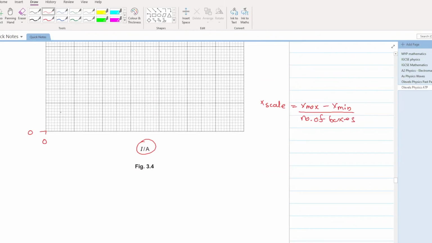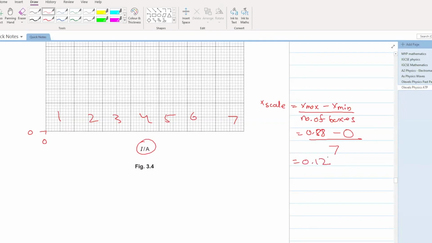Number of boxes: 1, 2, 3, 4, 5, 6, 7. Maximum value of x is 0.88, minimum value is 0, number of boxes is 7. So 0.88 divided by 7 gives you a value of 0.12.